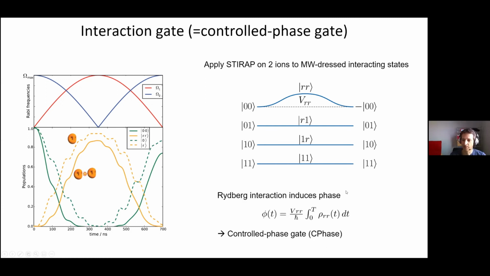So the Rydberg interaction induces a phase, and this phase can be controlled through interaction strength times the time in the Rydberg state, so that we get exactly this pi phase, this -1. This is a so-called controlled phase gate if we operate it like that, and it's similar to a CNOT entanglement operation gate.